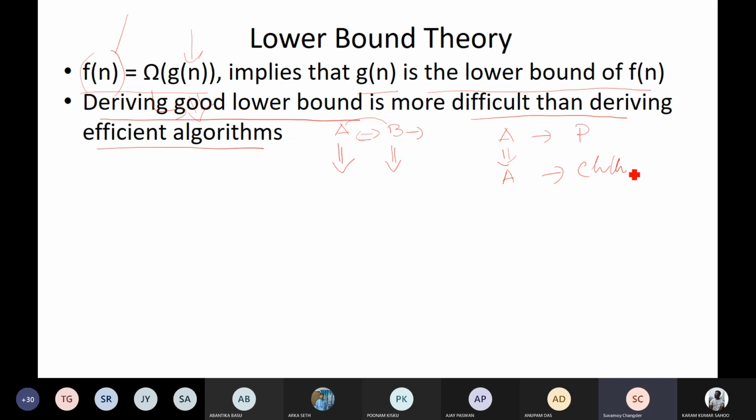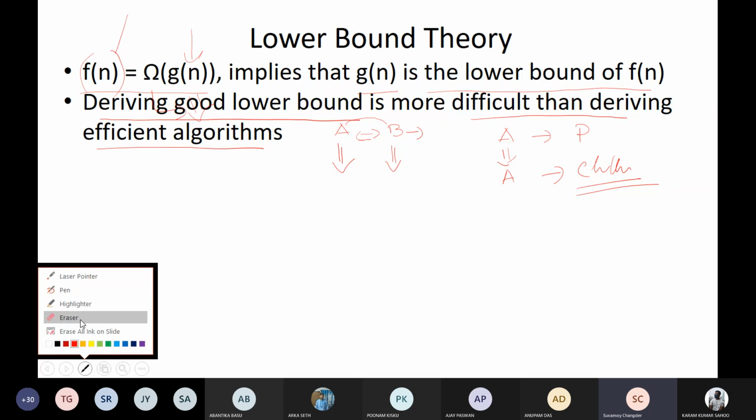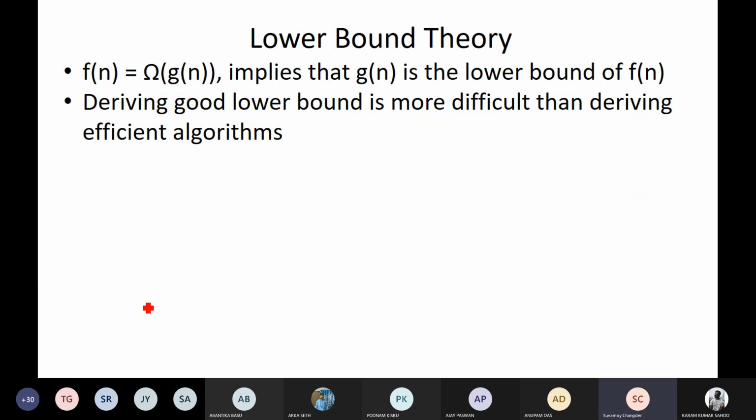So it is not impossible, but it is a very difficult job to find a good lower bound algorithm. Therefore we need to go for finding a good algorithm which has a better lower bound than the existing one. So that's why we need to find the lower bound of an algorithm.